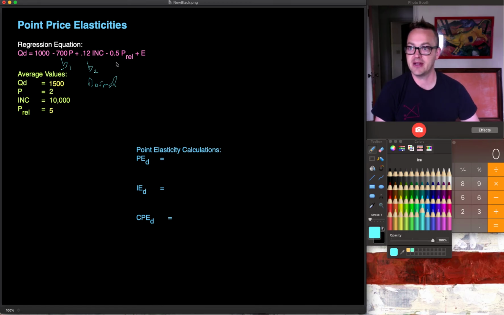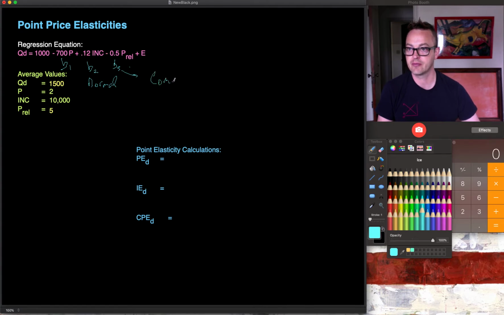And then beta 3 here is the relationship between the price of a related good and the good that we're talking about in question. And so this beta 3 is equal to negative 0.5. And as the notes say, this suggests that the two goods we're talking about are not substitutes, but complements.